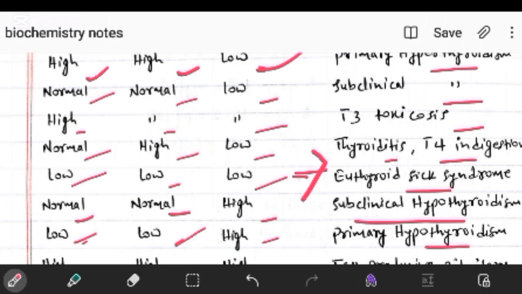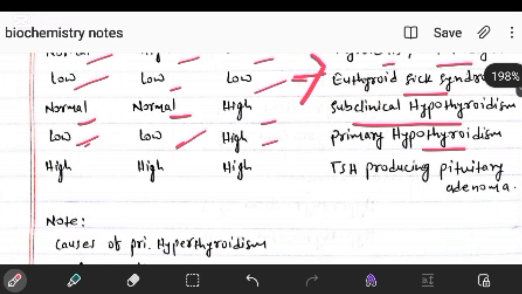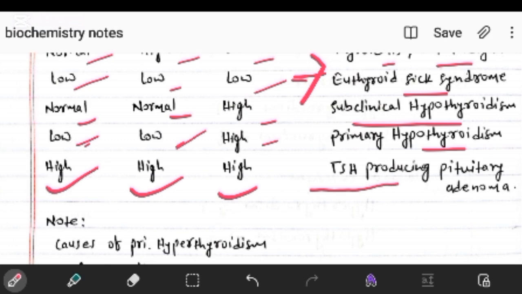This is primary hypothyroidism. When T3 is high, T4 is high, TSH is high, all three high, this is known as TSH producing pituitary adenoma.